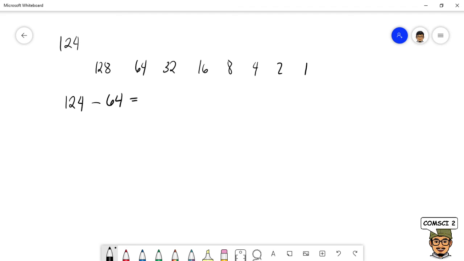We get the answer 60. Again, we use 60 subtracted by 32. We get 28. Next, we use 28 subtracted by 16.